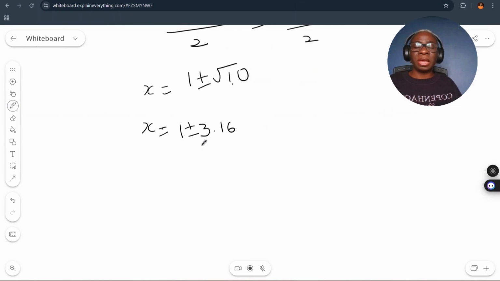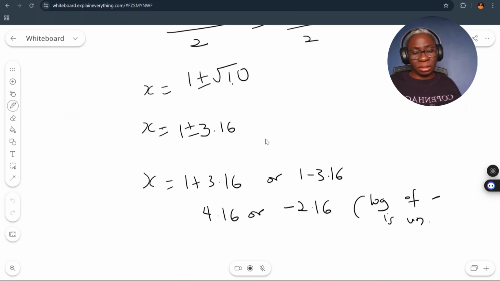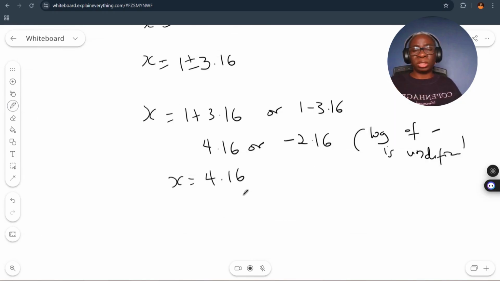So now x will be equal to 1 plus 3.16, or 1 minus 3.16, and this will give 4.16 or negative 2.16. And the log of a negative number is undefined. So that means x is equal to 4.16. We have to choose the positive one.